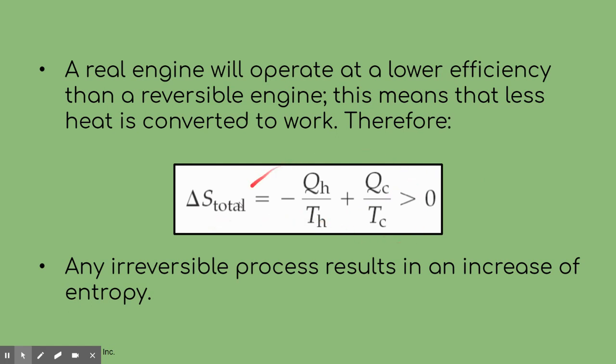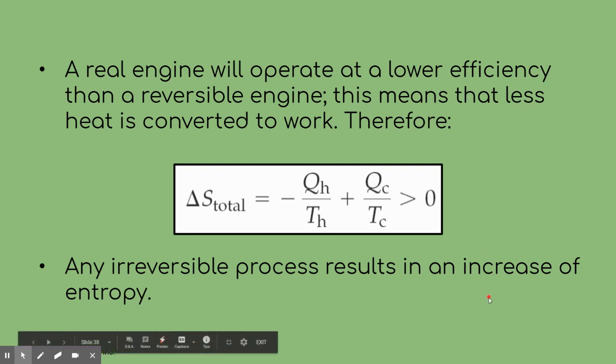So this is slightly more complicated. An important piece of information is that in an irreversible process, so a real process, we will always see the entropy of the system increase. Always.